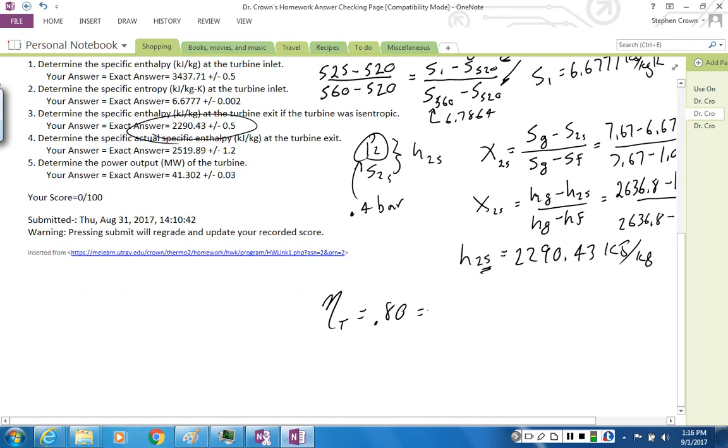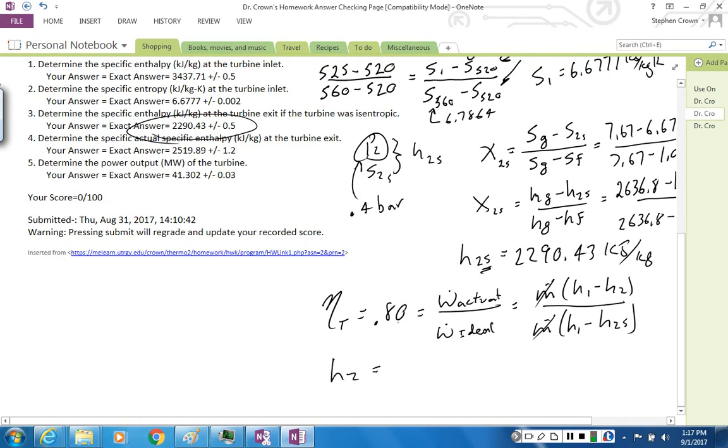And the definition would be that 80% of the maximum possible work, so the actual is going to be 80% of the ideal, and the actual would be m dot times h1 minus h2, and the ideal would be m dot times h1 minus h2s. So now the m dots would cancel here.